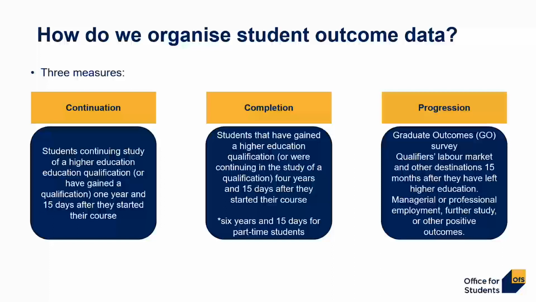Progression measures use responses to the Graduate Outcomes Survey to report on the qualifier's labour market and other destinations 15 months after they have left higher education. They report the proportion of qualifiers that identify managerial or professional employment, further study, or other positive outcomes among the activities they were undertaking at the Graduate Outcomes Survey census date.